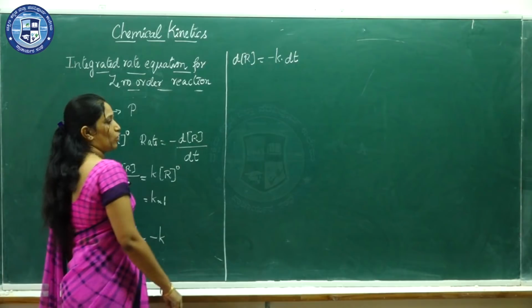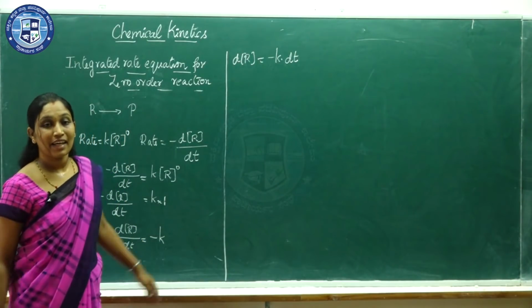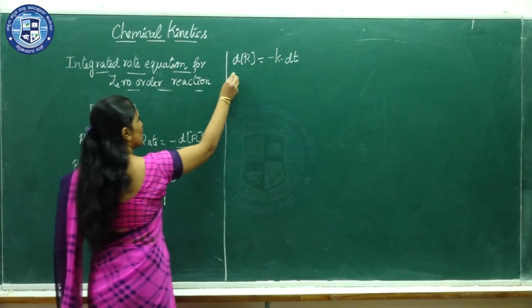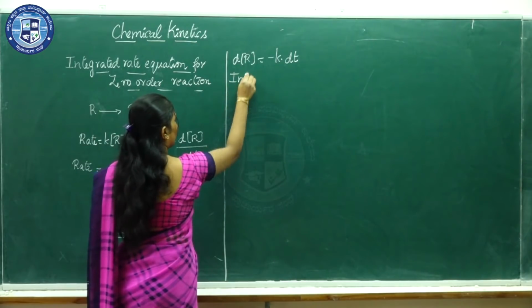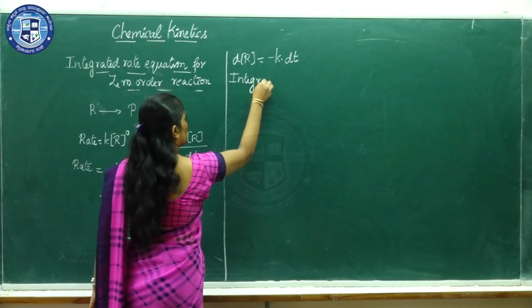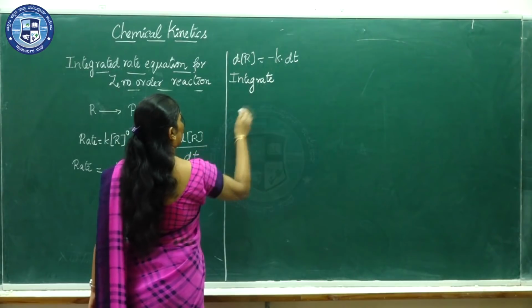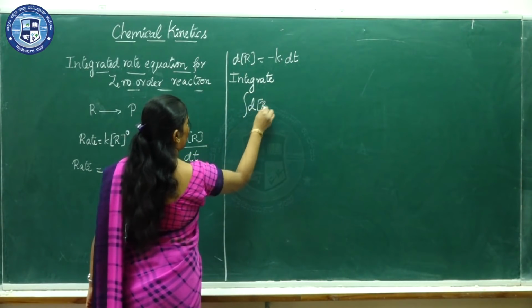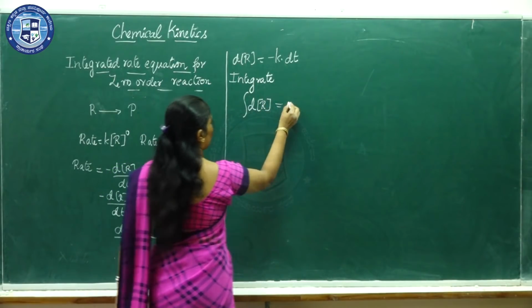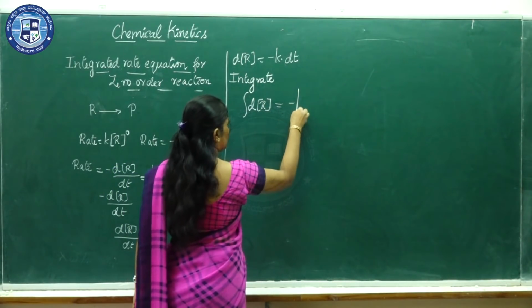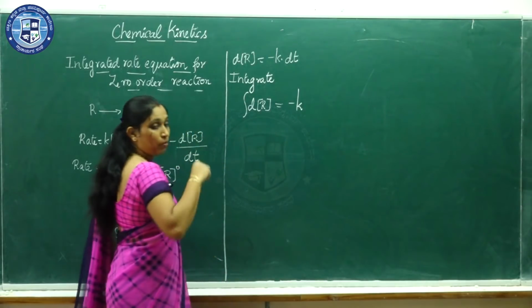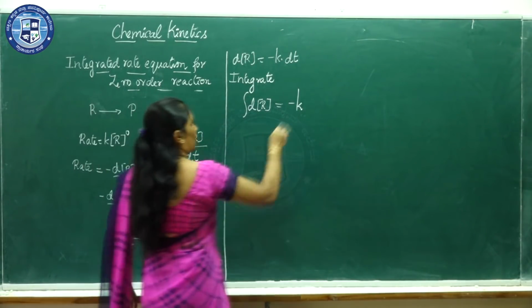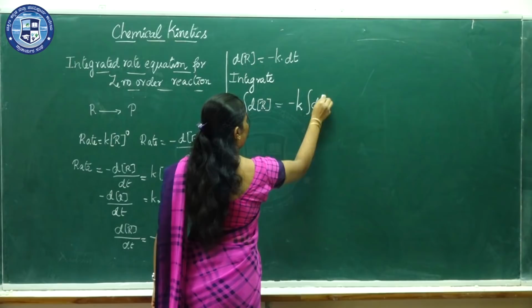Now we know that differentiation is always completed by integration. So I'll be integrating this equation, integrating both sides. This is the sign of integration: integration of dR is equal to minus k, since k is a constant I'll take it outside, I will not be integrating that, into the integral of dt.